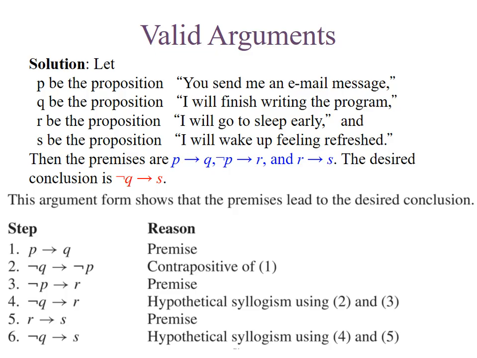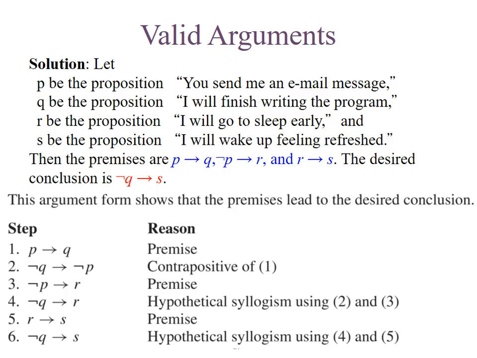If you do not send me the message, not P, then I will go to sleep early R. If I go to sleep early, then I will wake up feeling fresh, R and S. Okay, now we have all premises. The conclusion is, if I do not finish writing the program, then I will wake up feeling refreshed.